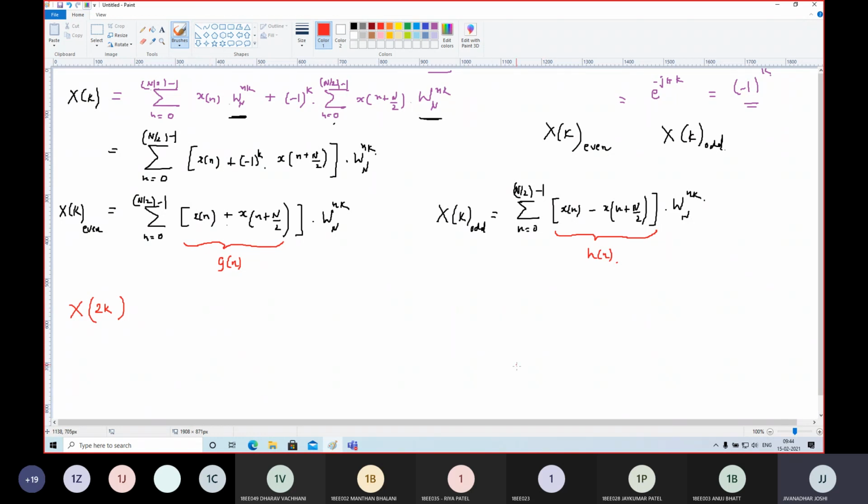I need to collect capital X of 0, capital X of 2, like we were collecting small x of 0, small x of 2, small x of 4, small x of 6 in case of decimation in time. Similarly, in this decimation in frequency algorithm, we want to collect capital X of 0, capital X of 2, capital X of 4, capital X of 6.